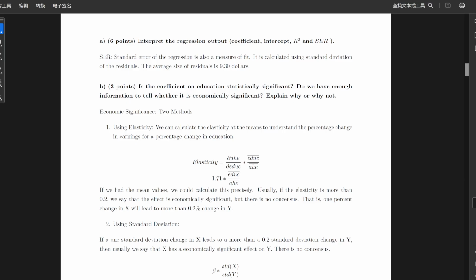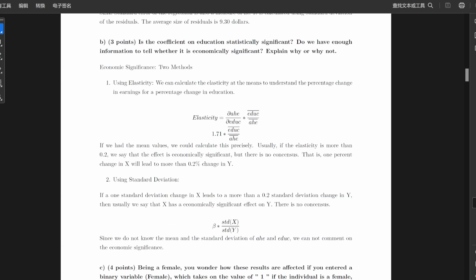You have 2 methods to calculate economic significance. One is using elasticity. We can calculate the elasticity at the means to understand the percentage change in earnings for a percentage change in education. So a 1% change in education will lead to how many percentage change in earnings. We don't have the mean value, so we cannot calculate economic significance in this way.